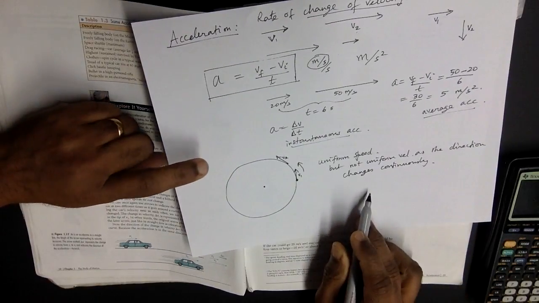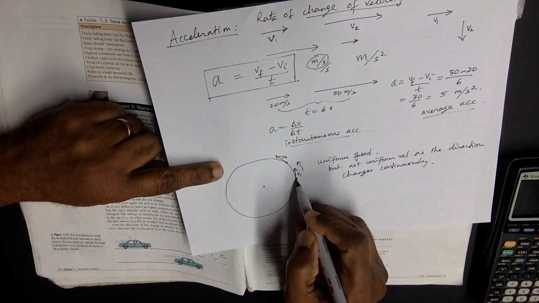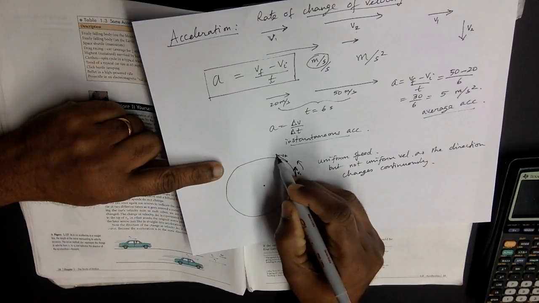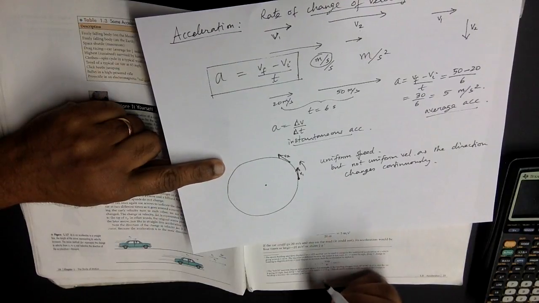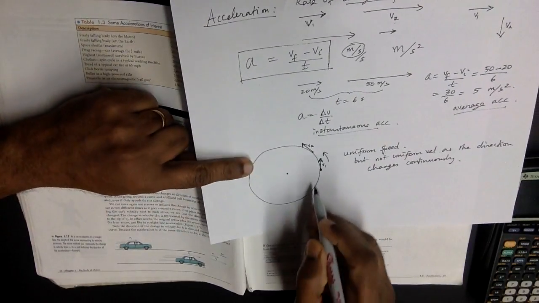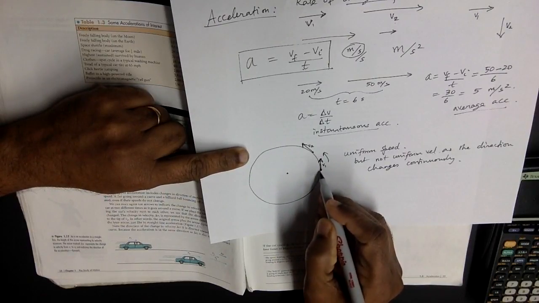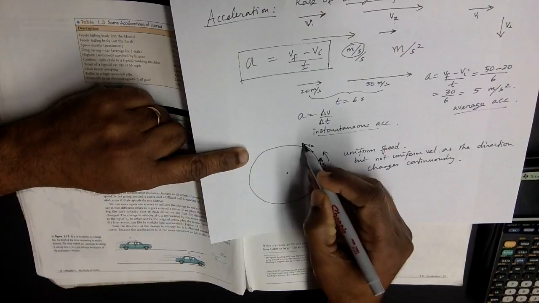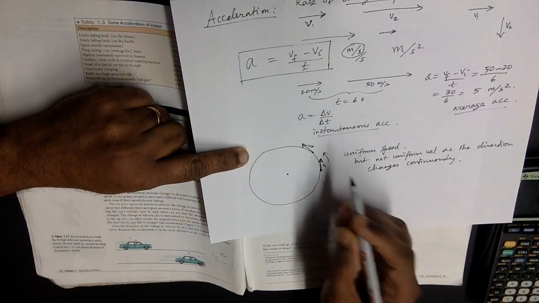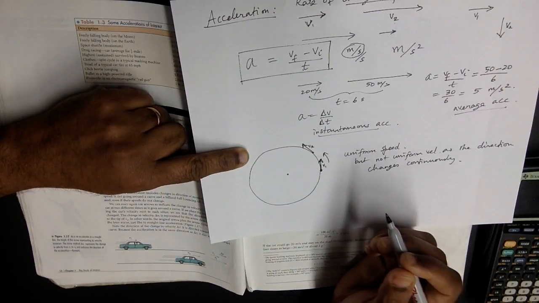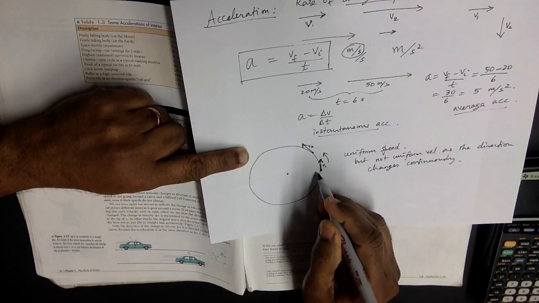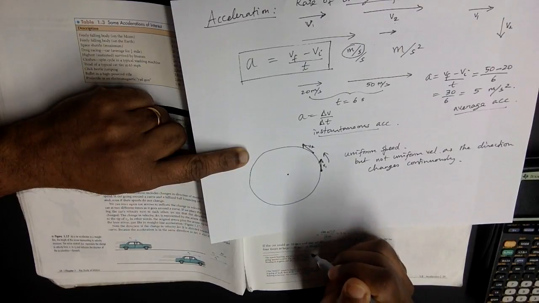So the direction is changing continuously, therefore this velocity is different from this velocity, although the speed is exactly the same. So you may be going on a roundabout at 10 miles per hour, and 10 miles per hour, and 10 miles per hour, but your velocity is changing. So here also there is supposed to be an acceleration.